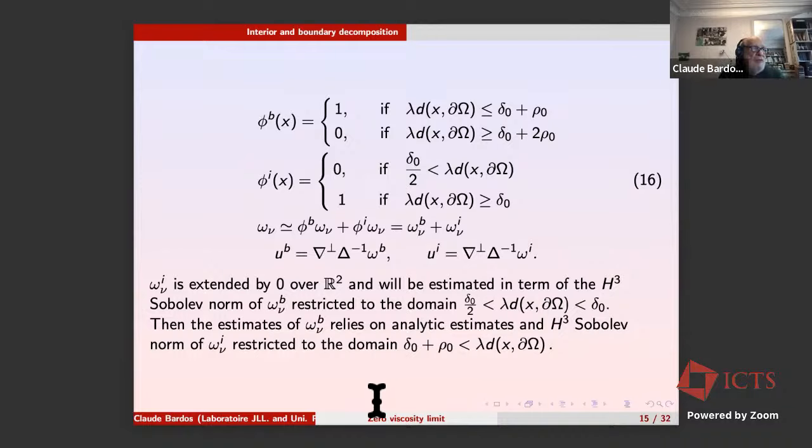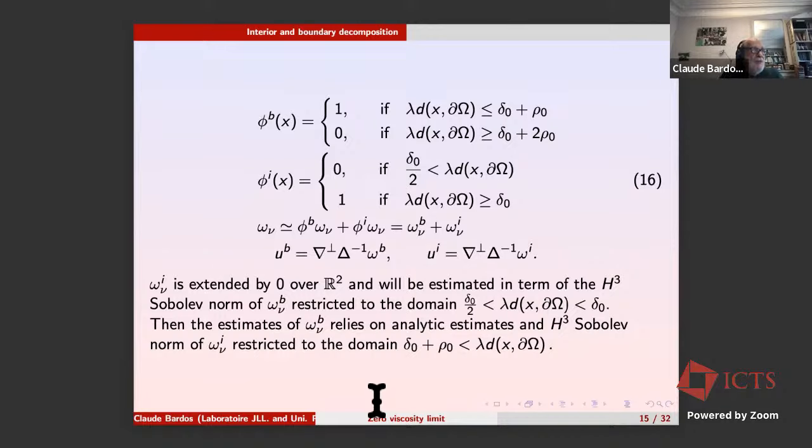I will just observe that the singularity of omega of nu is driven by the singularity of phi_b omega of nu plus phi_I omega of nu. Because if phi_I is good, then phi_b has to be controlled, and it's phi_b which gives the result, and vice versa.